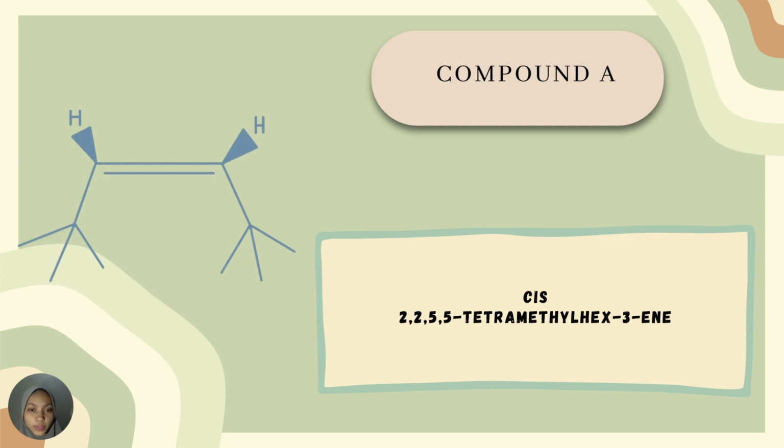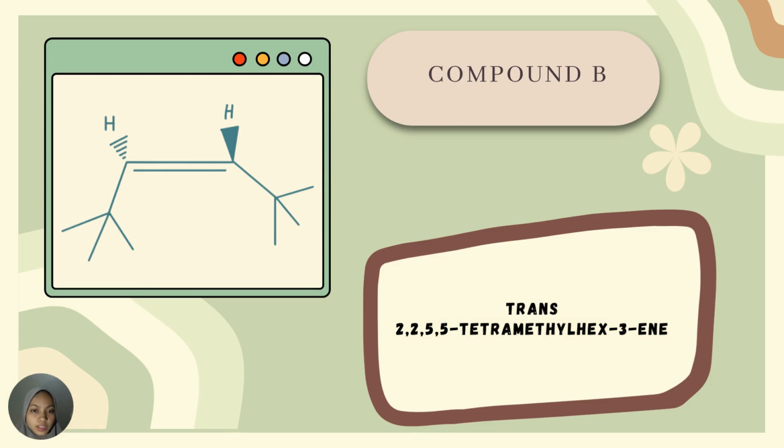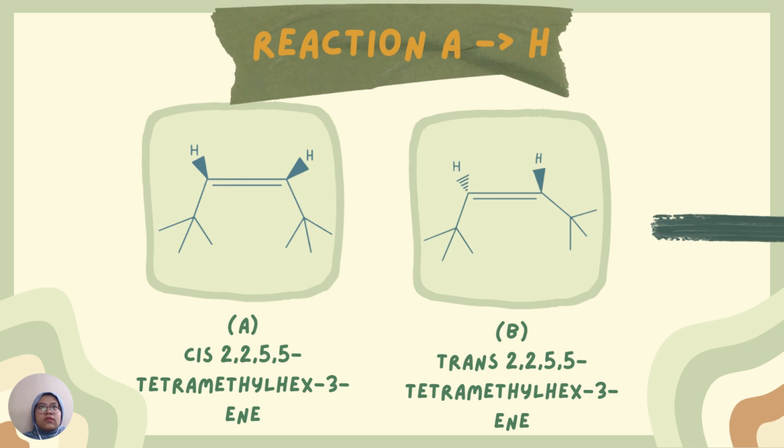Same goes for compound B, but this is the trans isomer, because each group is on the opposite side. So compound A and compound B are isomers. Compound A is cis, meanwhile B is trans. Both of these compounds are geometrical isomers.